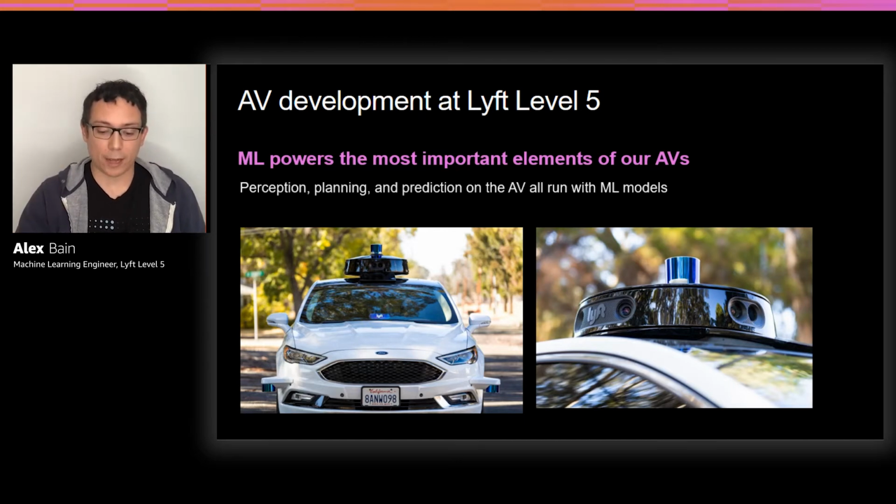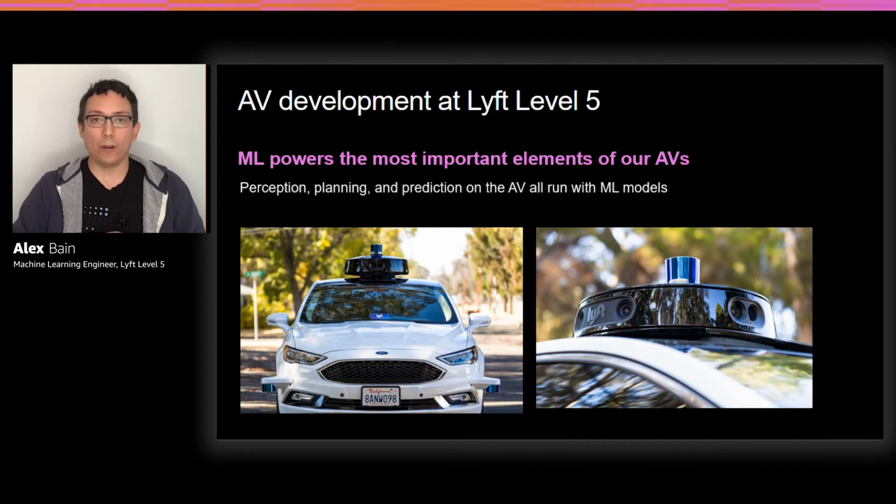Zooming in on the screenshot on the right, the sensor rack on top of the vehicle has a number of high-definition cameras. It has radar units, and the thing on top is a high-powered LIDAR sensor. So these sensors are what feed into our machine learning models for perception, prediction, and planning that I'll tell you about in a second, and ultimately help the car decide how to drive.